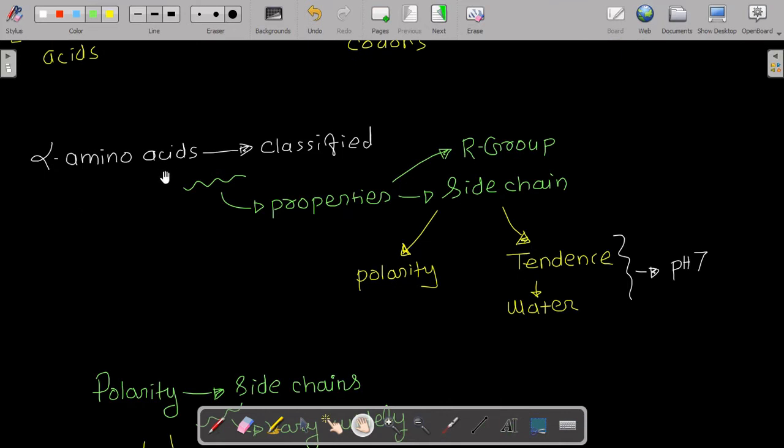Now, these alpha amino acids are classified on the basis of the properties of their side chains or R group. The properties which we mainly focus on are the polarity of the side chain and the tendency of the side chain to interact with water at pH 7.